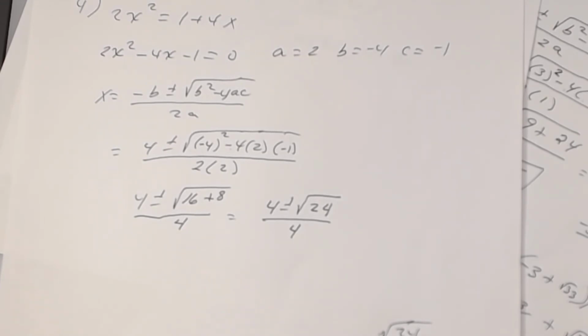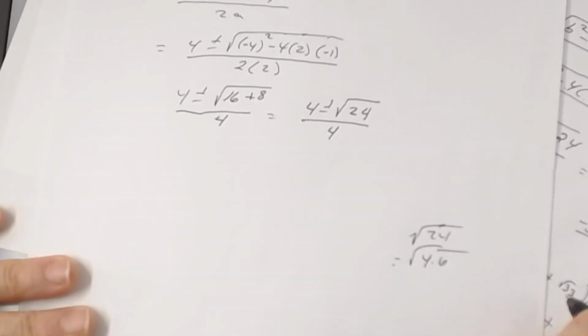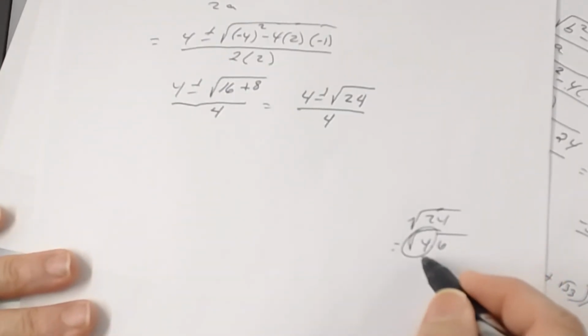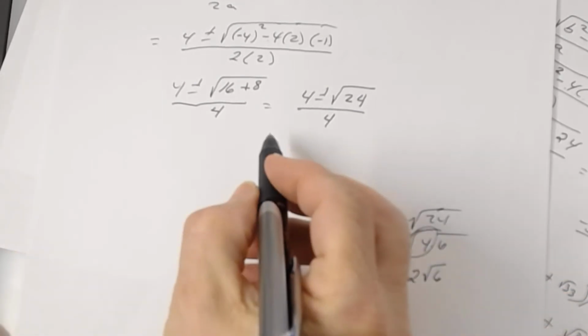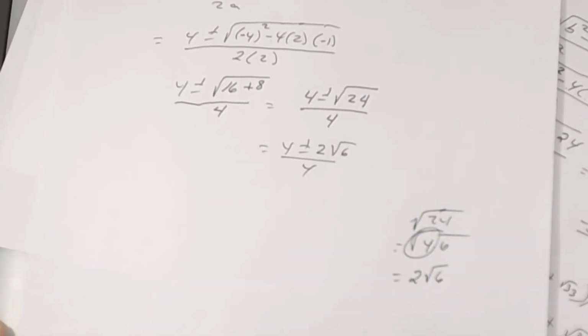All right, 4 is a perfect square, so 4 goes into 24. So this is going to be the square root of 4 times 6, right? What's the square root of 4? So that becomes 2 square root of 6. So I get 4 plus or minus 2 square root of 6 over 4. All right, now let's talk about how to write this.